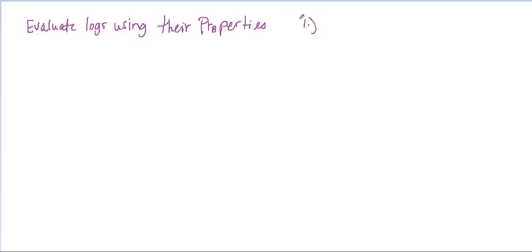The first one is always, or usually, it depends on the book, but any base, if you're taking log base A of 1, it's always 0. Now, number 2 is if you have log base A of just A, that's actually 1.